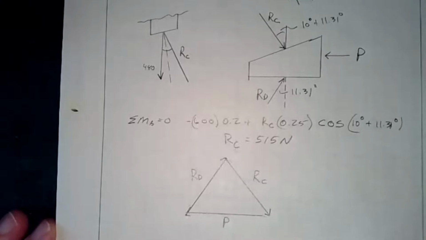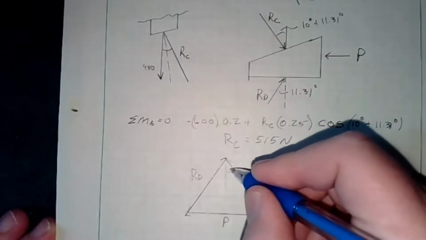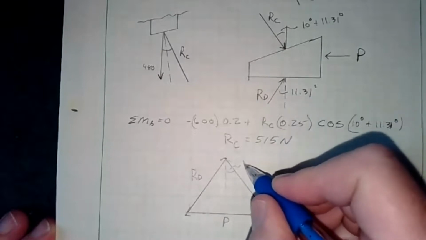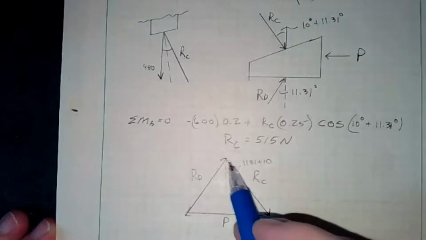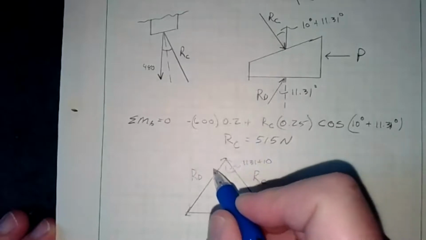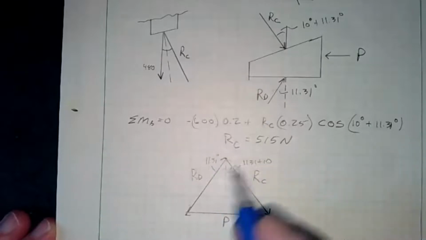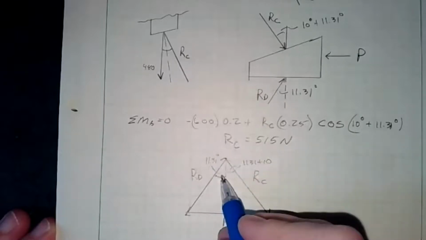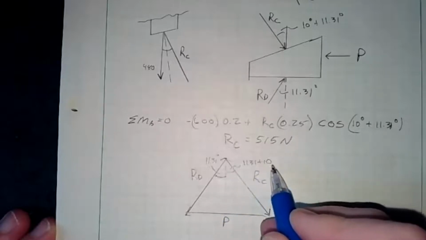Well, we know RC with respect to vertical, that angle there, is going to be 11.31 plus 10. And we know RD is just going to be 11.31, right? So this angle here is just the friction angle, B. That's B plus 10, okay?